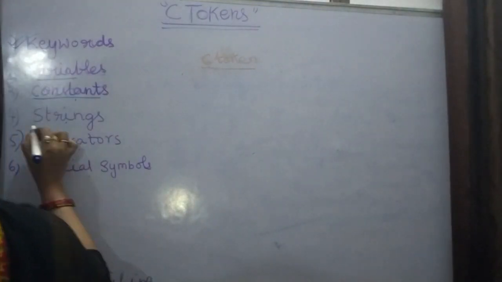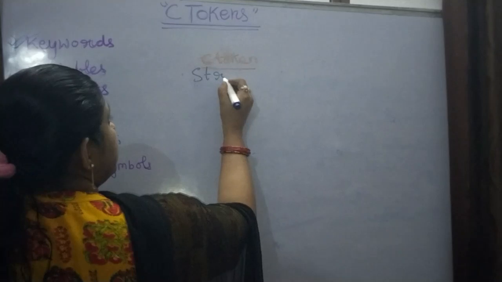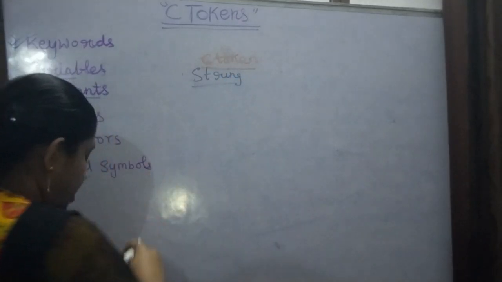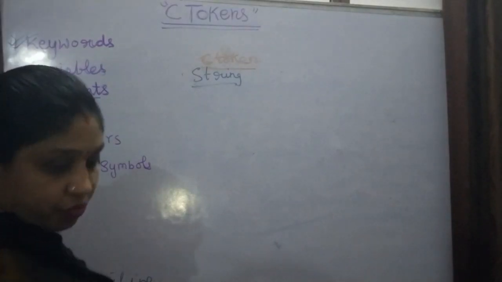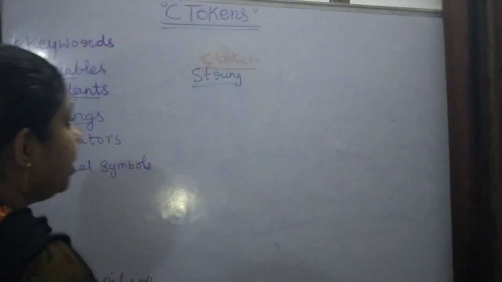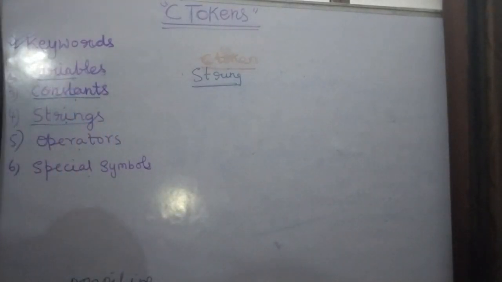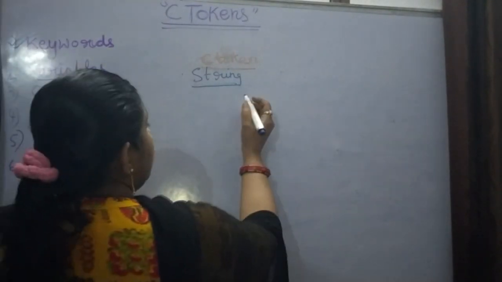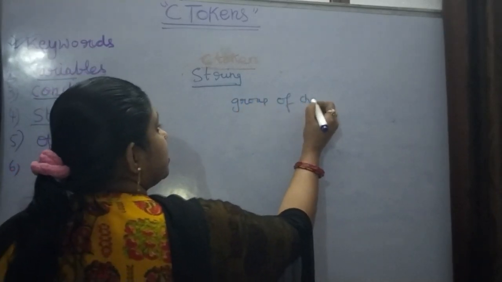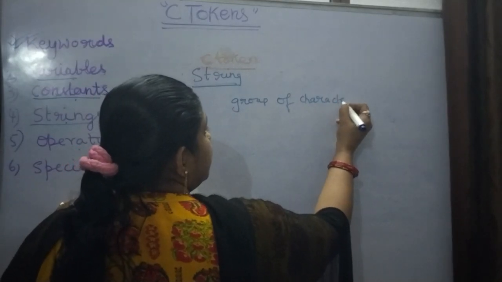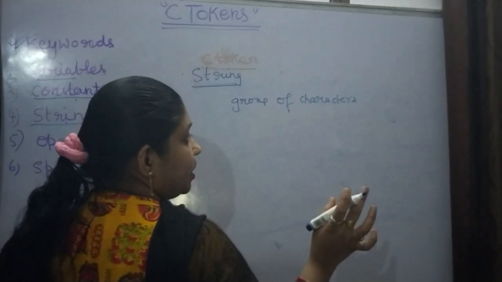Okay, next strings. Now string is also a C token, right? What is a string here? Now string is a group of characters. It may be letters, digits, or special symbols.